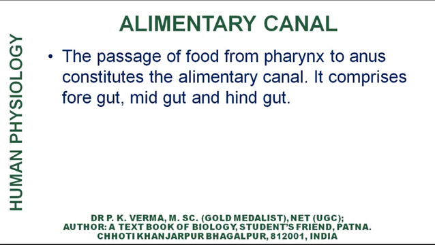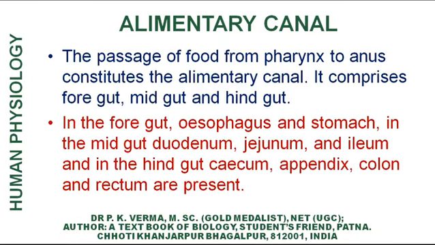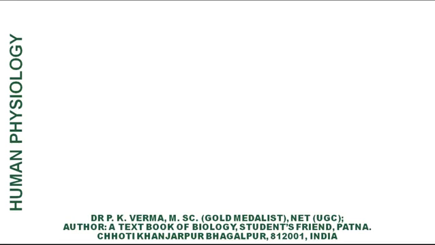The entire canal has an inner layer made of endodermal epithelium, but the outer layers are mesodermal in origin. In the foregut, the esophagus and stomach; in the midgut, duodenum, jejunum, and ileum; and in the hindgut, cecum, appendix, colon, and rectum are present.